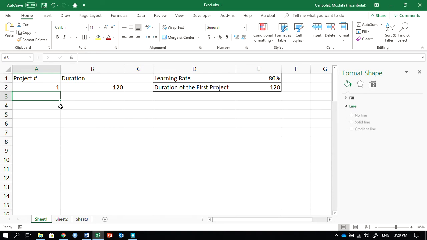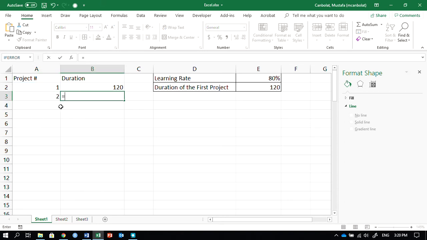For example, in here, if I double that project, so it's number 2, then the duration goes down from 120 to 96, which is 80% times 120.